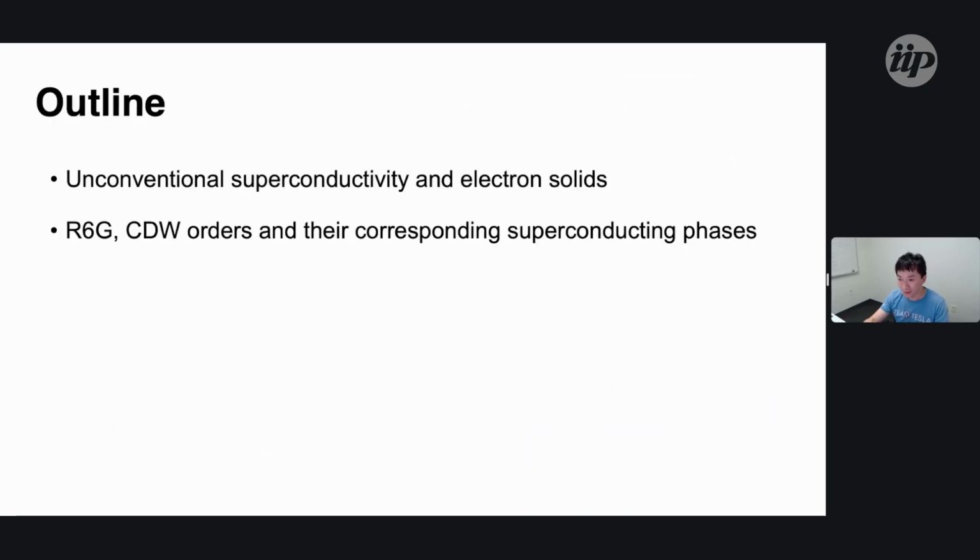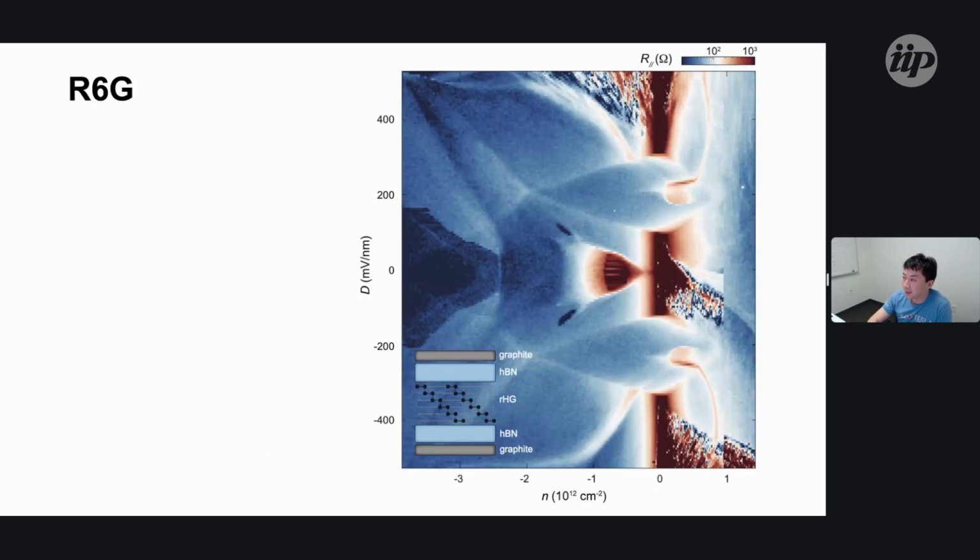Okay, so let's go to rhombohedral hexalayer graphene. A lot of people try to use transport measurement to explore the phase space and identify the interesting physics that comes out of it. And so this is a 6-layer rhombohedral graphene phase diagram at low temperature. It's not a complete phase diagram. This is focusing around d equals 0, right?